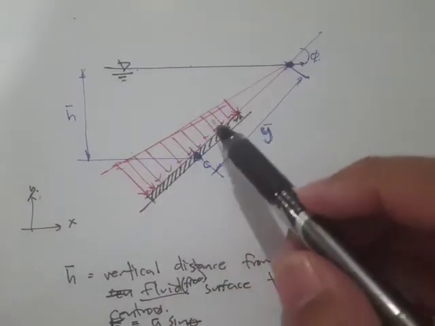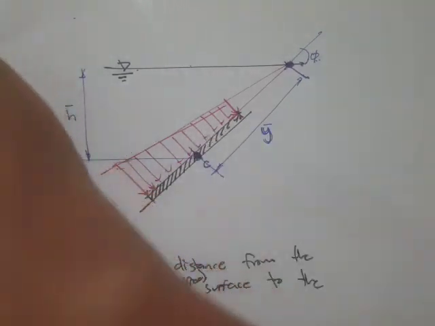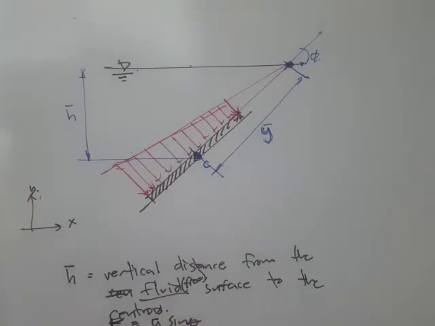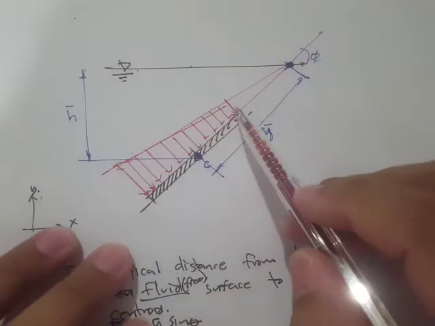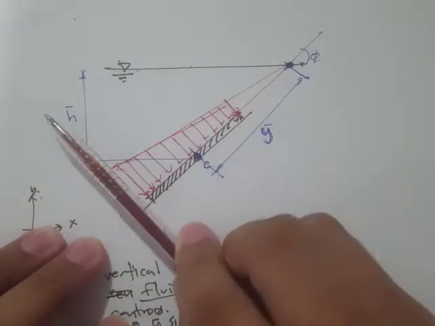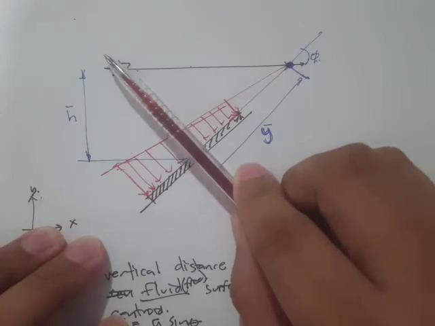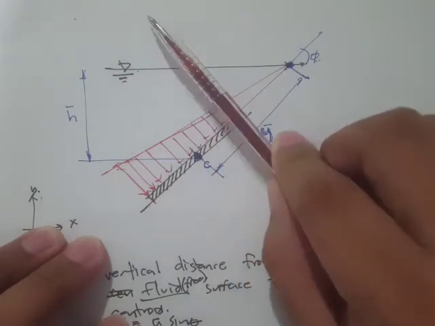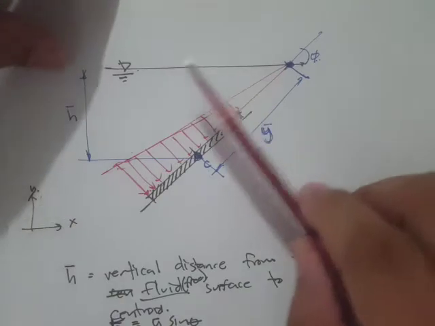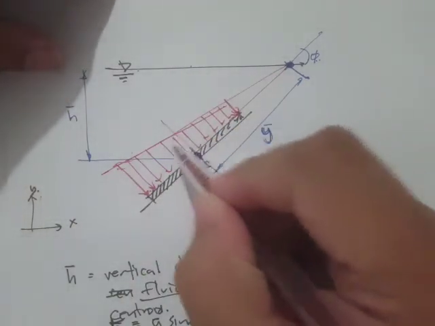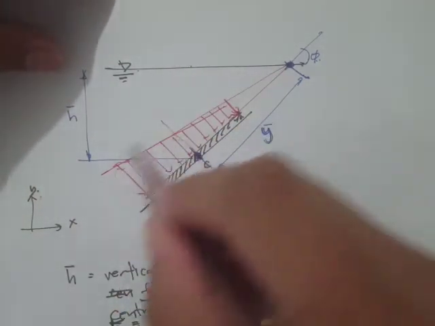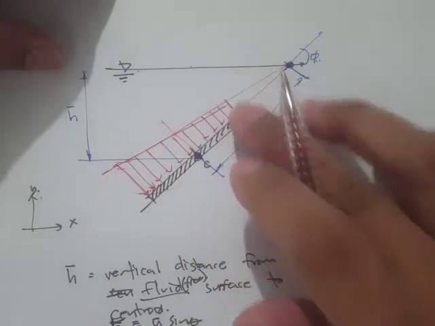Okay, so now let's take a look at this force distribution. We see that there's much more force on this lower part compared to the upper portion of the submerged body, because we have much larger pressure over here as compared to this one.